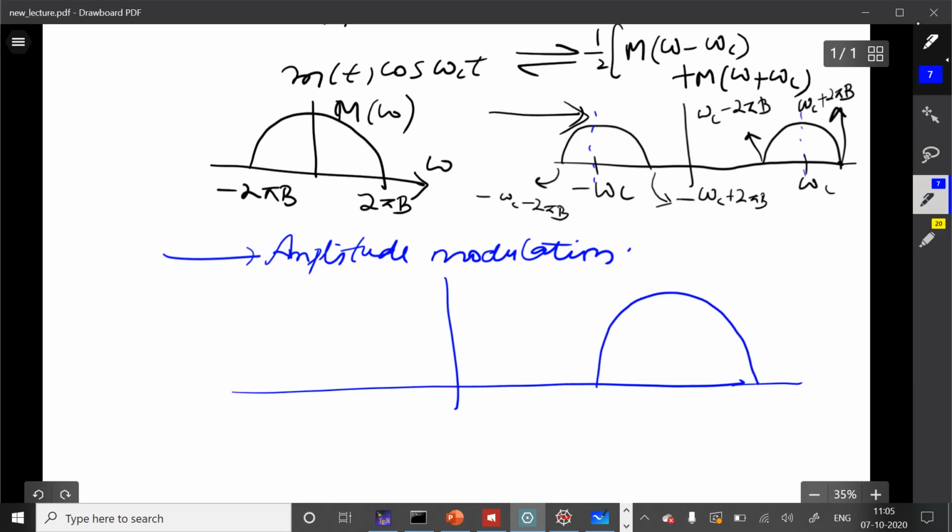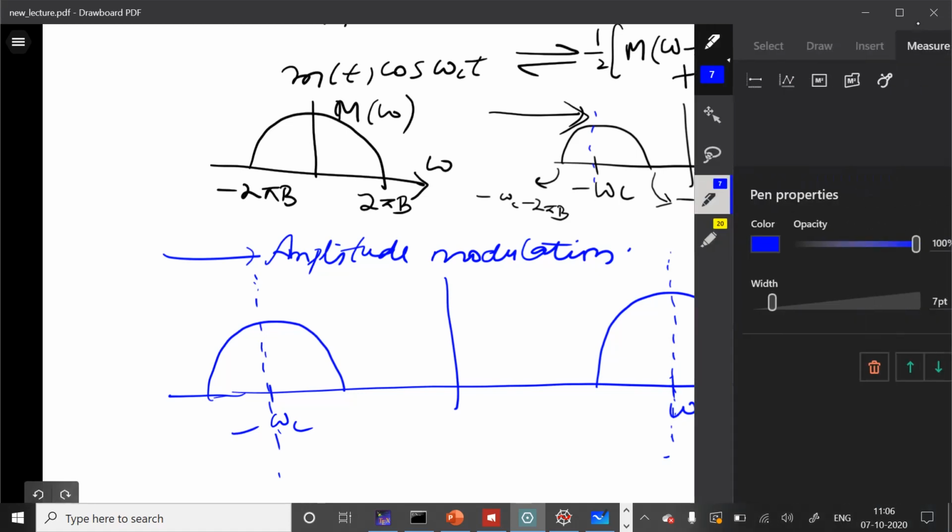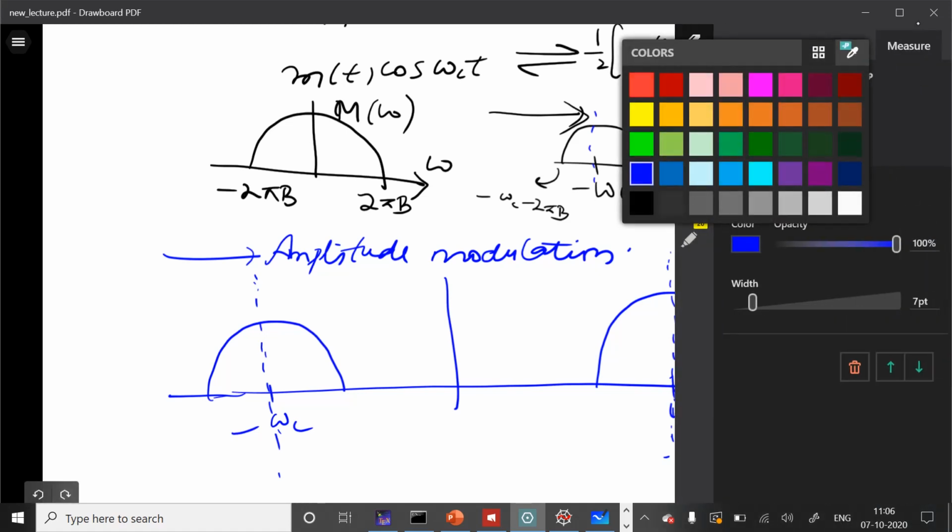So after shifting the frequency, this is the Fourier transform. So this is omega c and this is minus omega c, right? If you see, around this axis you have two bands. See, it is symmetric around this axis at omega c here and at minus omega c here. Okay, so I will mark it with red color so that it is clear to you.